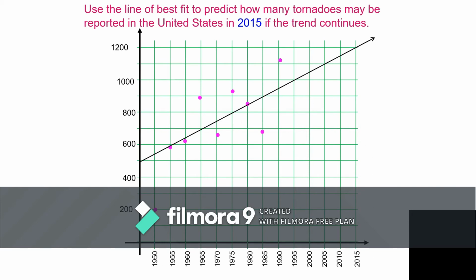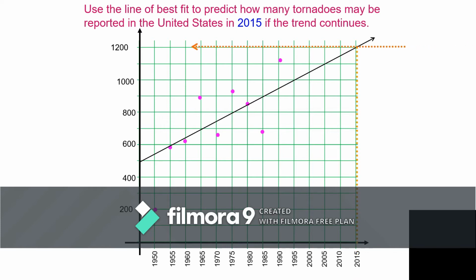So in this case, maybe we have the trend line like this. Maybe in other clips I can show you how to get the trend line. Suppose this is the trend line for the year 2015; in our data the values were given only from 1950 to 1995. We are trying to find the value for 2015.